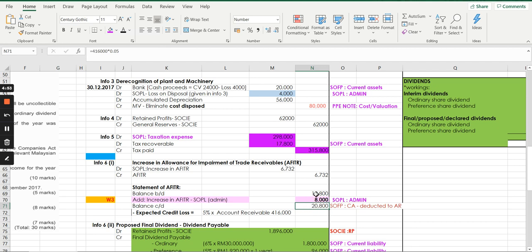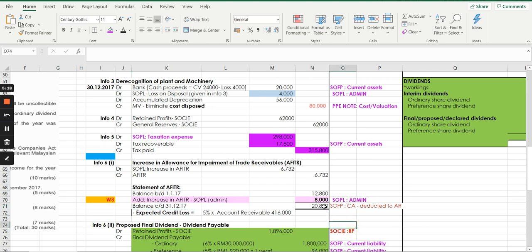But the difference is between the balance in the allowance for impairment account, which is from the trial balance, the beginning balance as at 1st of January 17, and the one we calculated here, at the end of the year, 31st of December 17.